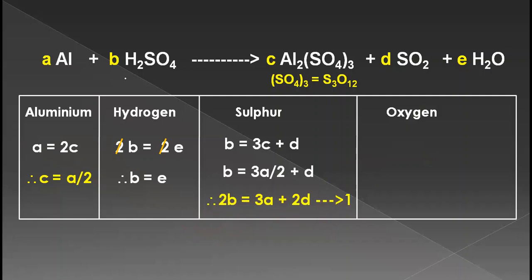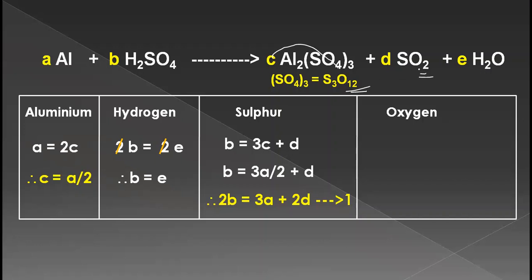For the number of oxygen atoms, we have 4B oxygen atoms on the reactant side. And we have 12 oxygen atoms in one molecule of aluminum sulfate. Therefore, in C molecules, we will have 12C oxygen atoms. Here we have 2 oxygen atoms in one molecule of sulfur dioxide. There are D molecules. Therefore, there has to be 2D oxygen atoms.